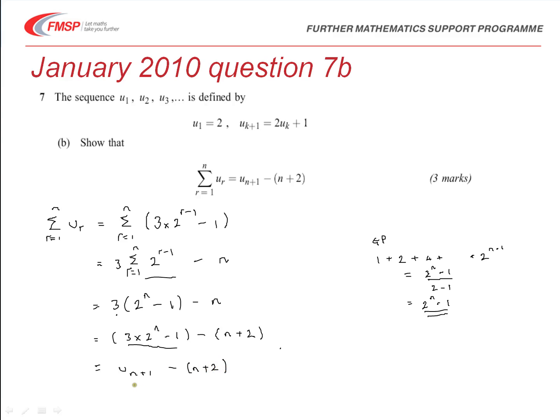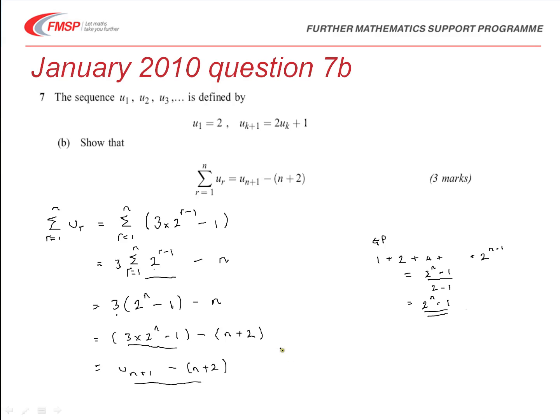Okay, a little bit tricky on the algebraic manipulation, and of course the key thing was realizing that this summation here, the sum from r equals 1 to n of 2 to the r minus 1, is a GP, and we needed to sort out the summation of that GP.